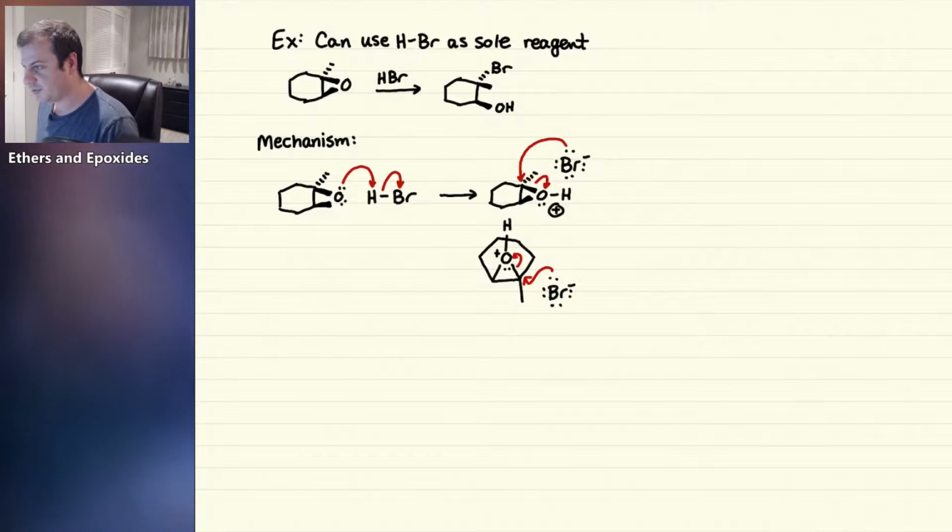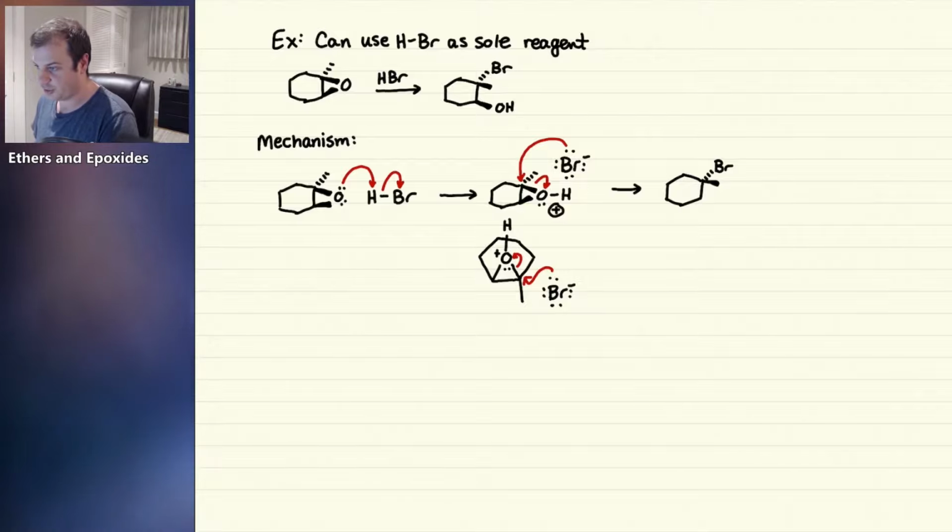So that's what's happening, and hopefully you can see for yourself, without having to draw this 2D structure, the 3D side-on view, which is taking a lot more time to draw than the 2D structure, that the product is going to look like this, where the bromine came in from the bottom. The methyl group gets pushed up, since we do have to do that inversion and push that methyl group past the horizon. You can see this methyl group here is going to be pushed past the horizon. And then we're going to have our oxygen going up as well. Okay, so that's how we're going to get to that product.